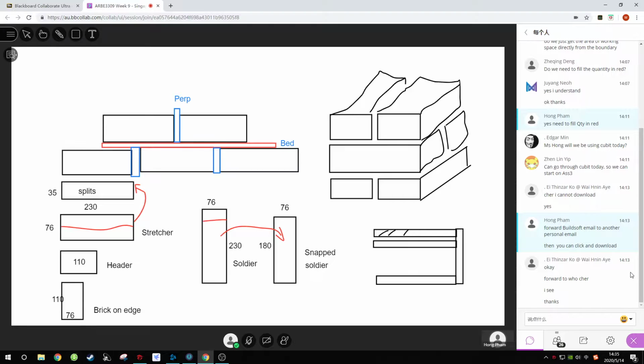Usually 2 slash is brick wall, one slash is block wall. So this part of the wall here is called a cavity wall or hollow wall.